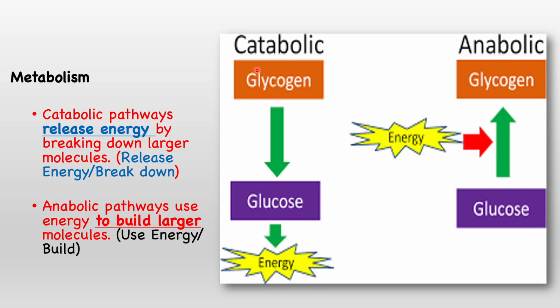In this case, we call it catabolic. The other case of metabolic pathway is when we build a large molecule. When we need to store glucose, we store it in a large molecule, which is glycogen inside the liver. At that time, we need to absorb energy. So catabolic releases energy, anabolic absorbs energy.